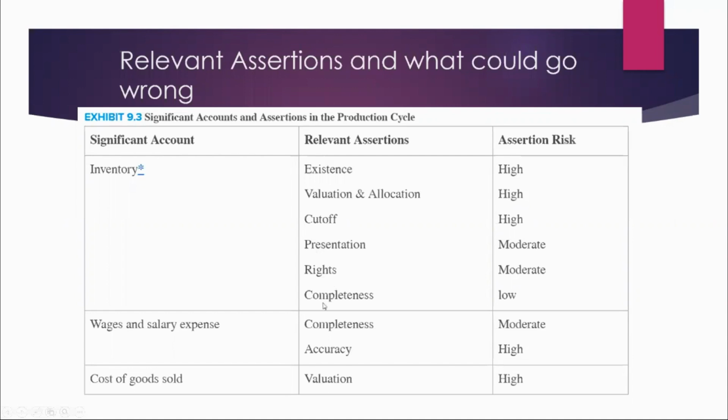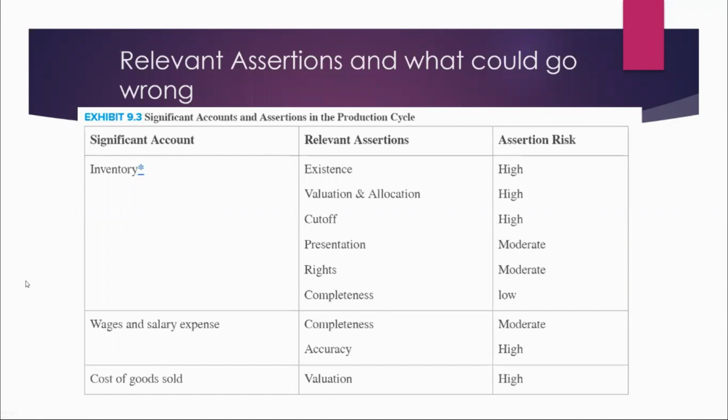You'll notice completeness is low. Completeness would mean we've gotten some inventory in that hasn't yet been recorded. So we have inventory sitting on our warehouse floor, but it hasn't actually been recorded, so our list of inventory is incomplete. We have things missing. That's typically not really a concern. If they have inventory, they're going to want to include that. So those are the assertions that we're really concerned with in this cycle.